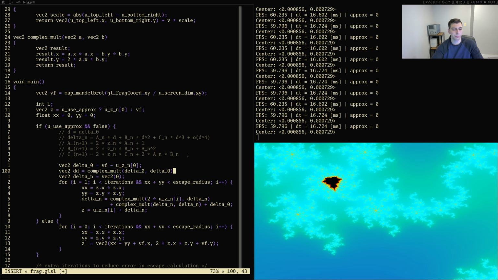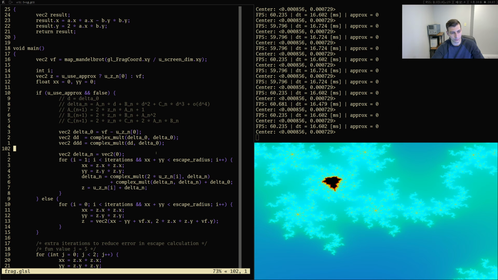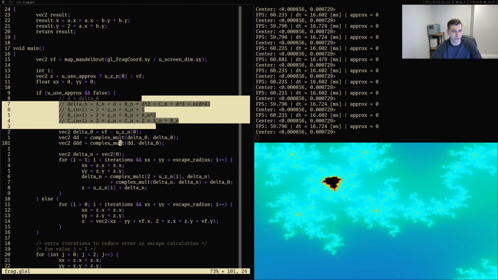We'll pre-compute these values, and then, now what are these? Are these constants? Yeah, these constants are also complex numbers.